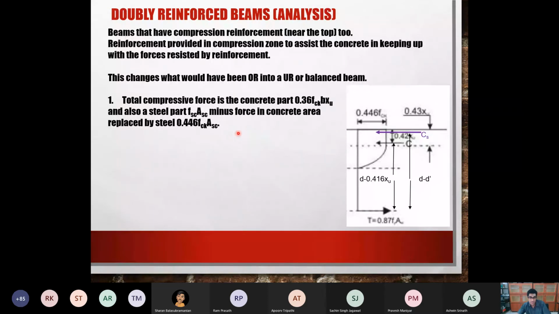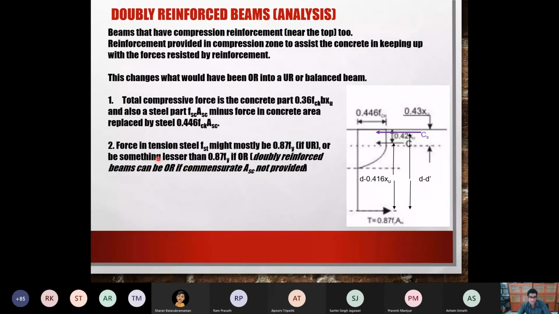Of course, the reinforcement you've given on the top replaces a small area of concrete, so you just subtract that area of concrete. Then the force in the tension steel, once you make it an under reinforced section, will be 0.87 fy.